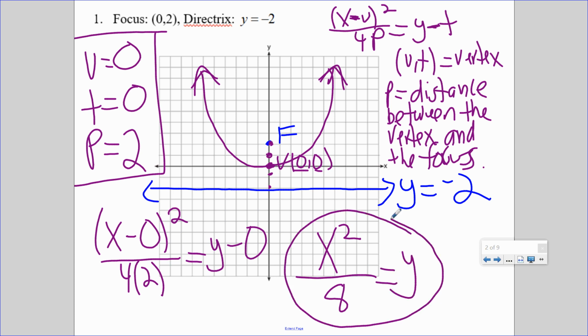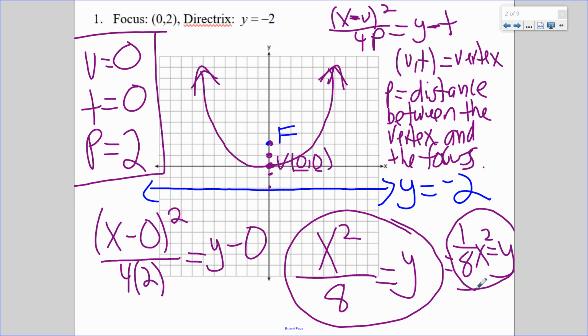And that's your answer. Now, you might see your answer written a couple of different ways, so I want you to get comfortable with that. First of all, this is the same thing as 1/8 x squared. So instead of the 8 being on the bottom of the x squared, you might see a 1/8 up top, out front, excuse me.